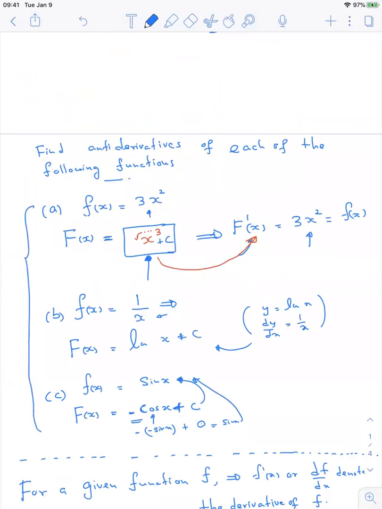The functions in these three examples that I did with you are easy, straightforward, because for 1 over x, we know the antiderivative is ln x, because once you differentiate ln x, you get 1 over x. Same thing for 3x squared and for sin x. So you gave these answers, right? Those are straightforward. But when you go to the next step, when you have these slightly complex functions, you can't directly use these results of the differentiations to find the integrations, right?